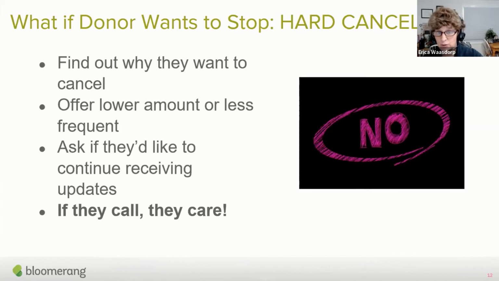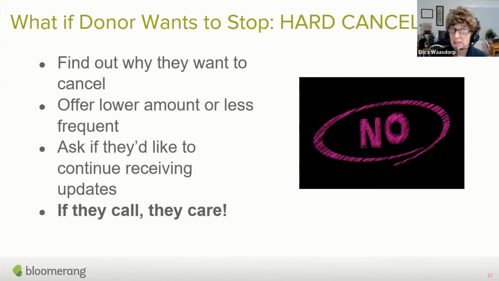And I can tell you that when COVID happened last year, a lot of organizations had what they call a save script in place, and they were able to save 25 to 30% of the donors that contacted them wanting to cancel because of the whole situation, right? So they just offered them the lower amount or less frequent.